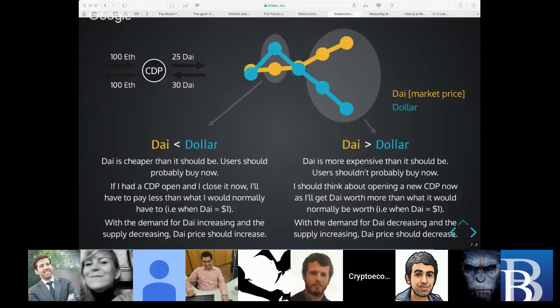But at the same time, because it has value, the system can play with the monetary policy by minting new pooled ETH or by removing it from circulation and burning it. They can incentivize people to do the right thing.